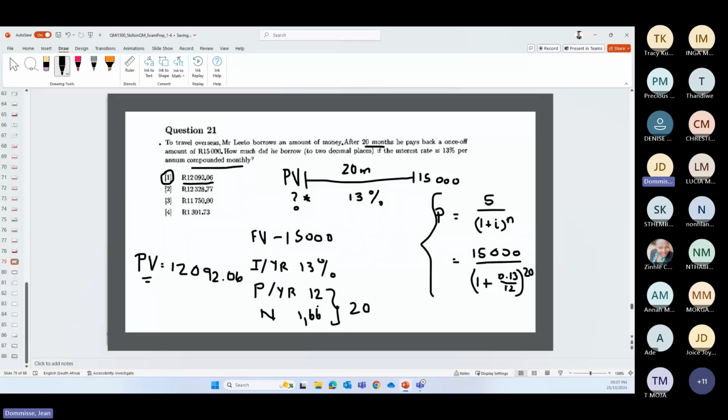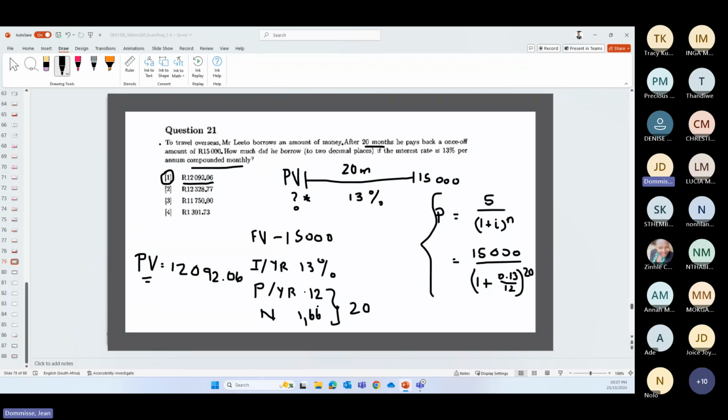So once again, use whichever one you're most comfortable with, because we know that in the exam you are under pressure, so it is best to use the one that you're most comfortable with. In the end, they just want you to get to the right answer.